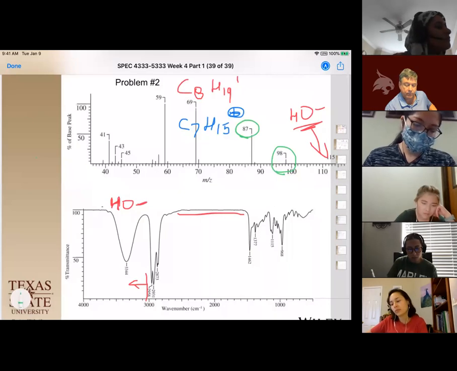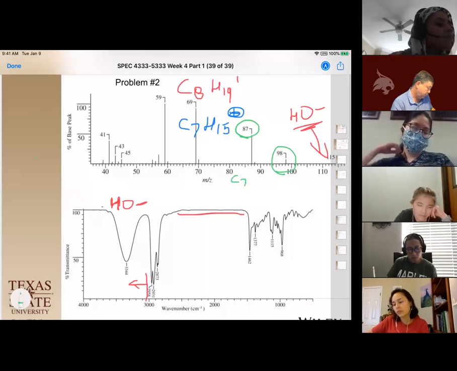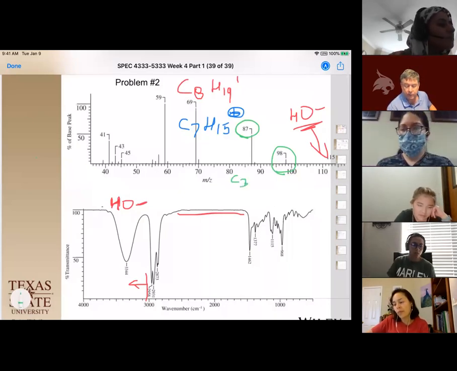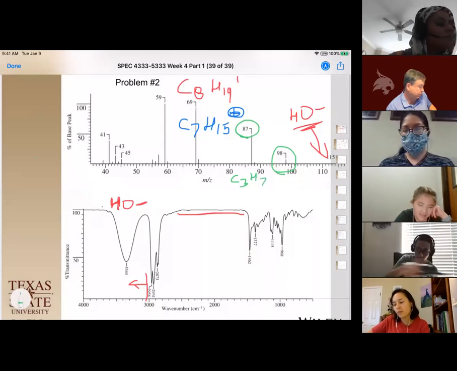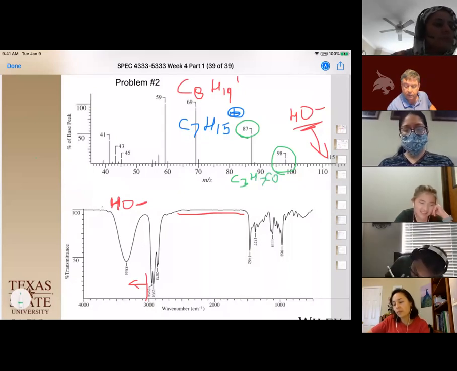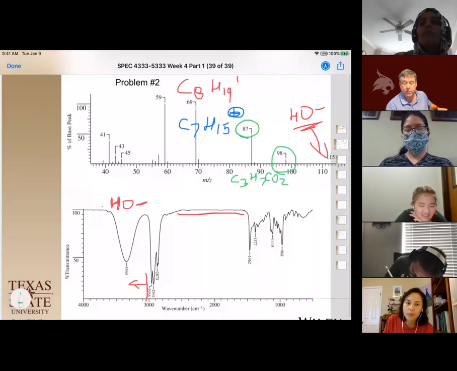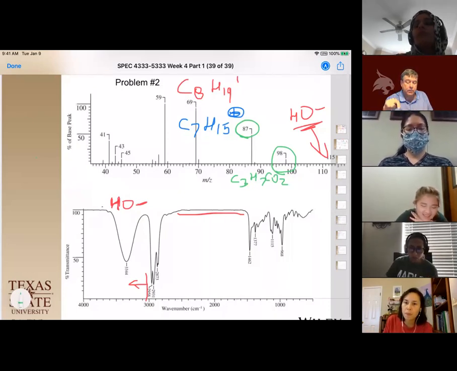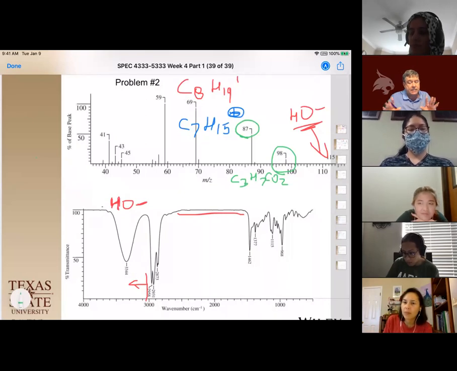That's interesting. That's a possible peak. So that means it could have 2 oxygens in it and still have a hydroxyl somewhere. But let's look at our next peak.